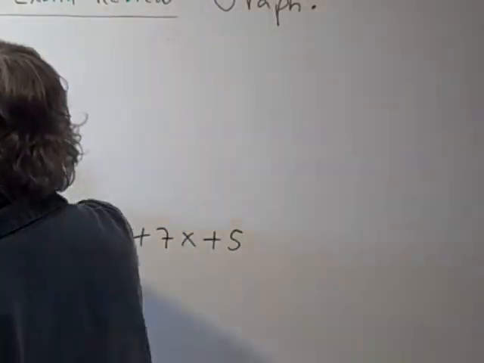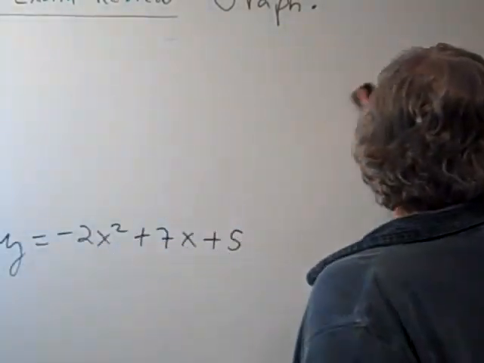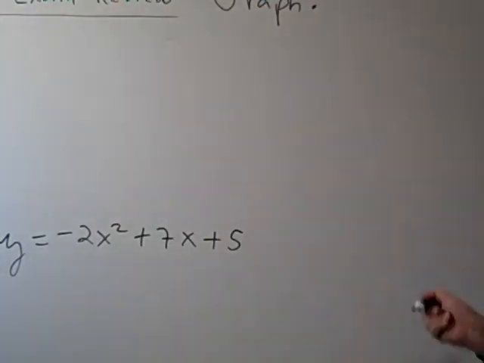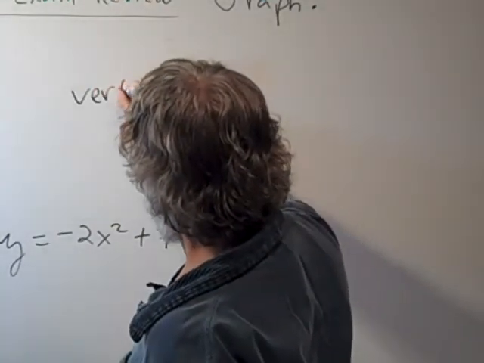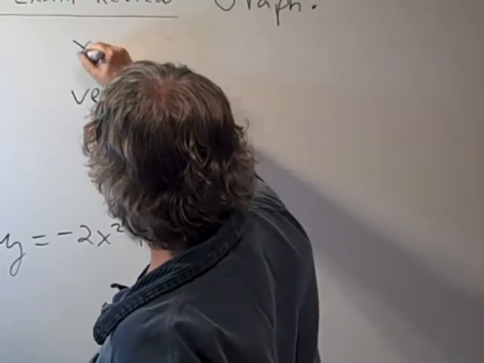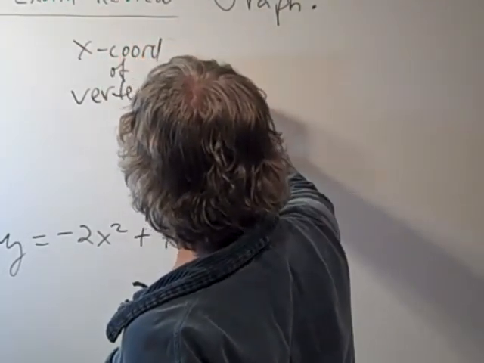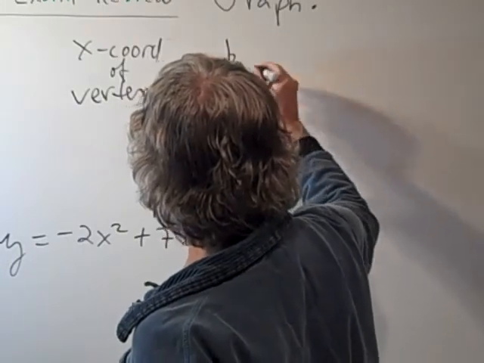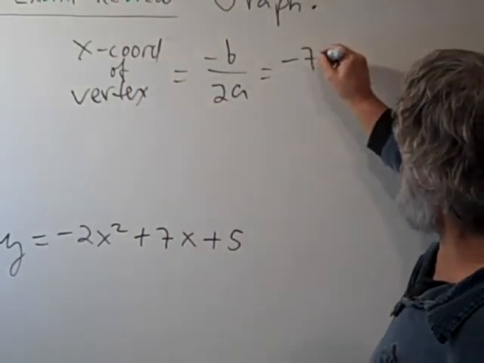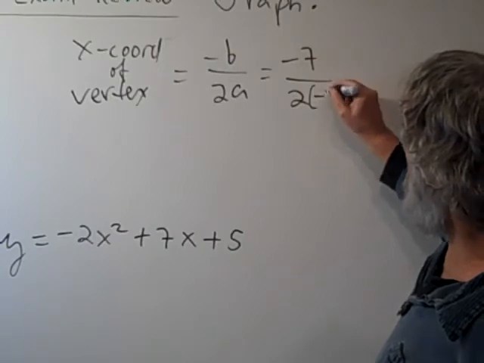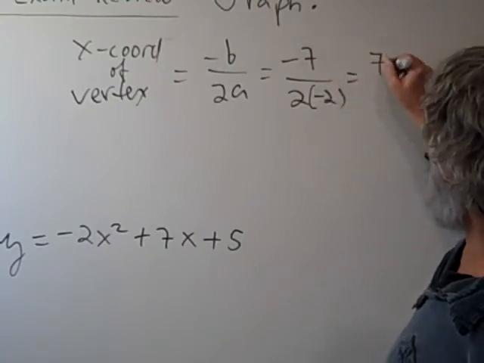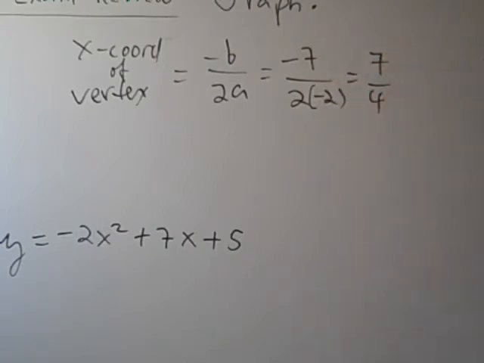So the vertex has x-coordinate equal to negative b divided by 2a. In this case, that's negative 7 divided by 2 times negative 2, or positive 7/4.